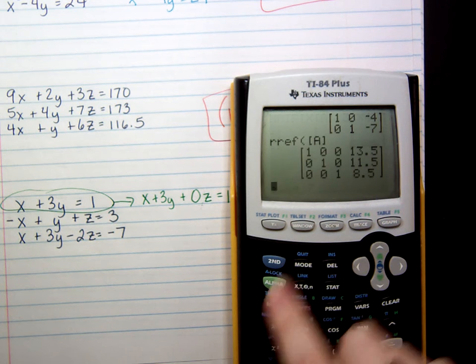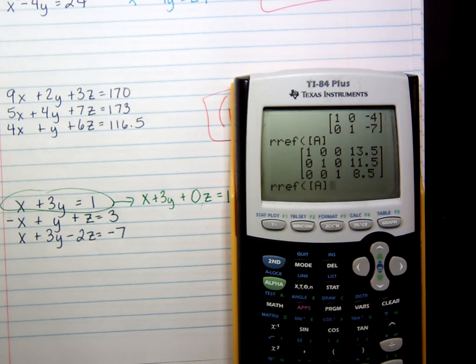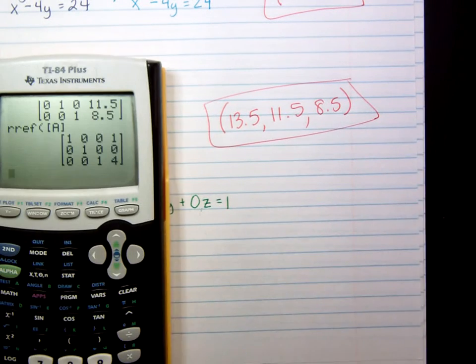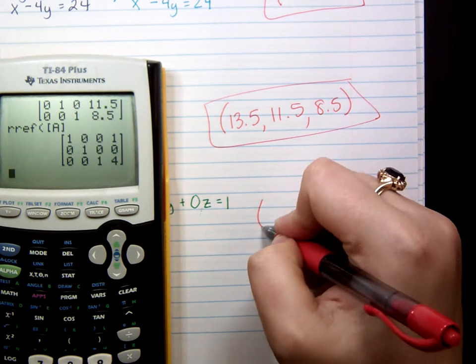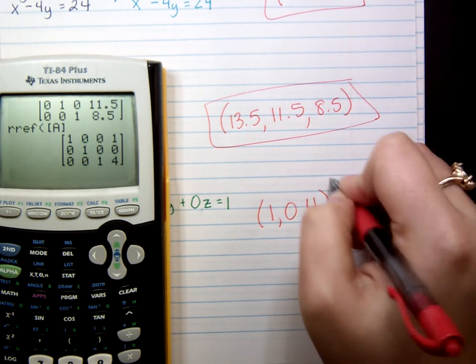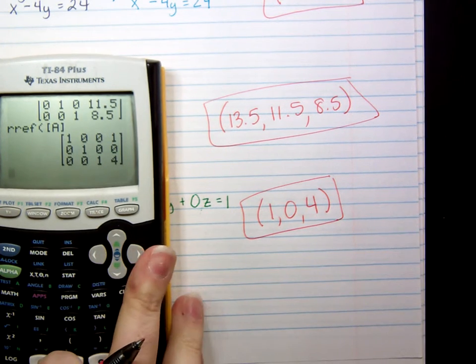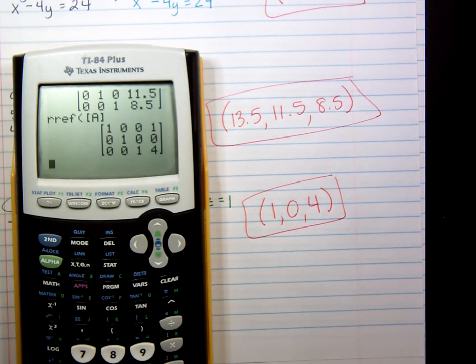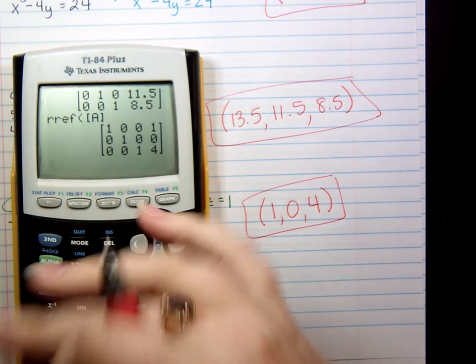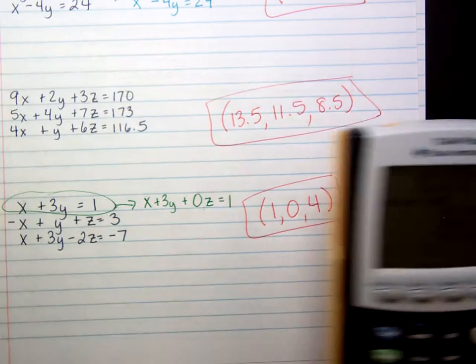Exit out, and there we go. I got the same answer as my previous video. So my x value is 1, y is 0, and z is 4. So that's how you use a matrix to get the solutions to a system of equations.